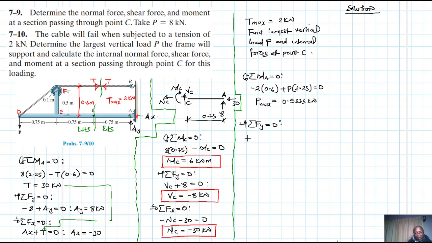Okay, so we'll have minus P, which is just minus 0.5333, and then plus AY equal to 0, and then our AY is just going to be equal to 0.5333 kilonewtons. And then we also have summation of forces in the X equal to 0 in this direction.